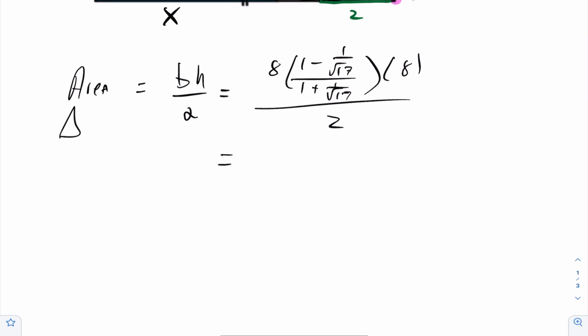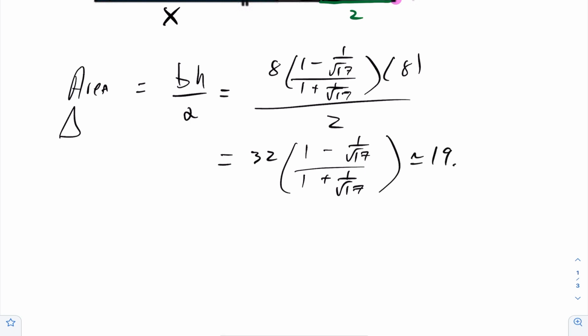This will end up equaling 32 times 1 minus the root of 17 over 1 plus the root of 17. And if we punch this in our calculator, we end up getting approximately 19.51 as the area of the triangle shaded in blue.